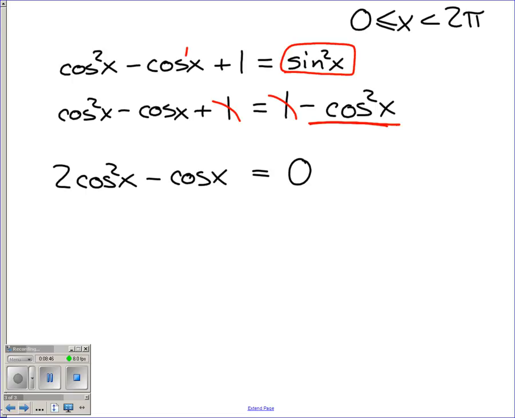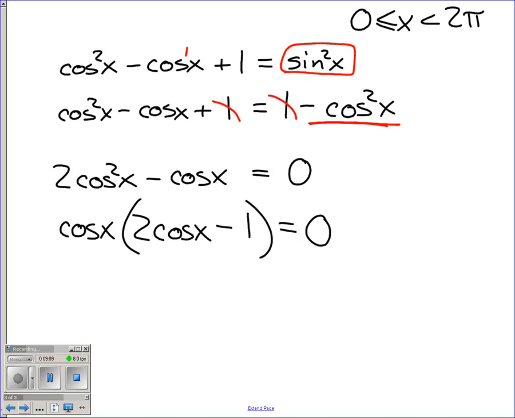Well, we have two terms here that have a common factor. That common factor is cosine of x to the first power. So I'm going to factor the cosine of x out. Then that will leave for this first term 2 cosine of x. For the last term, minus 1 equals 0.